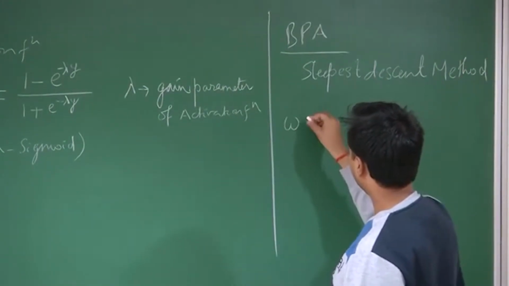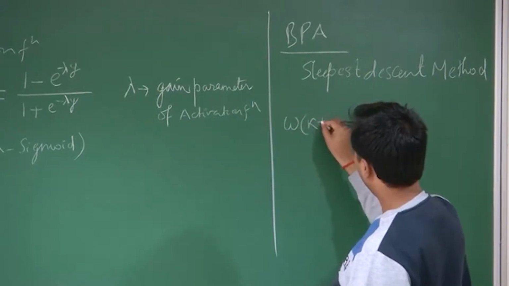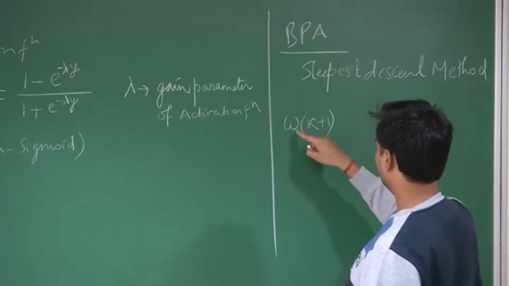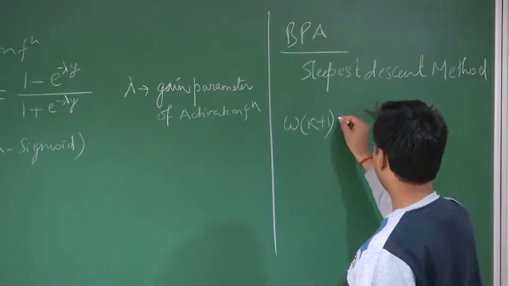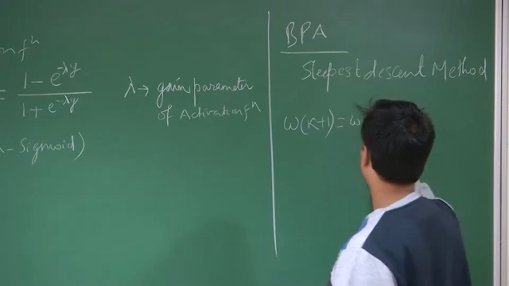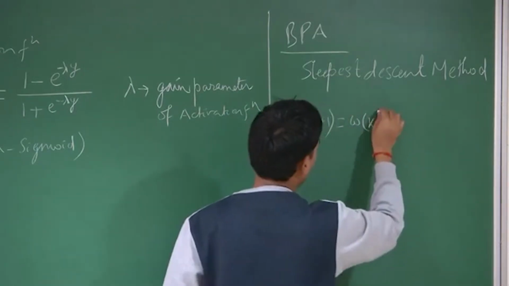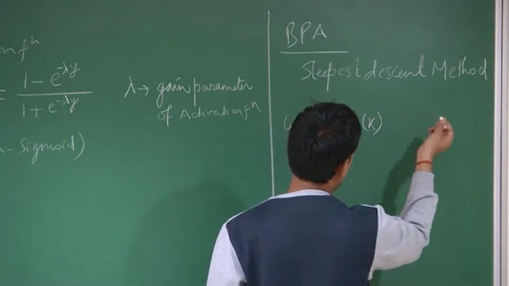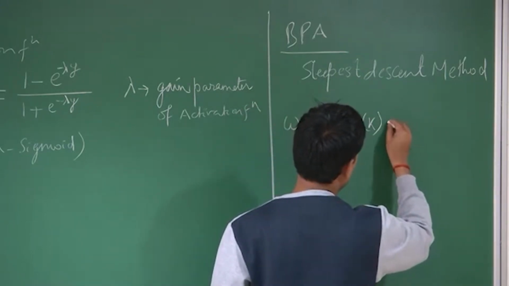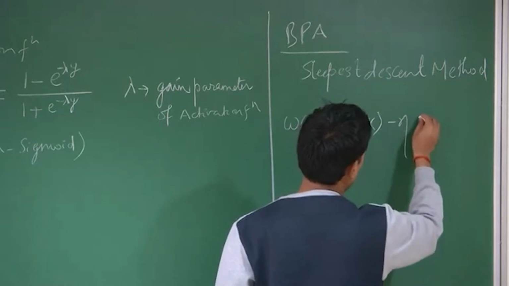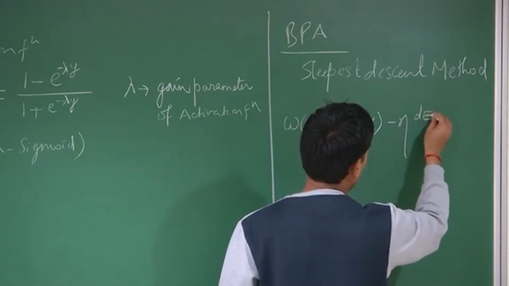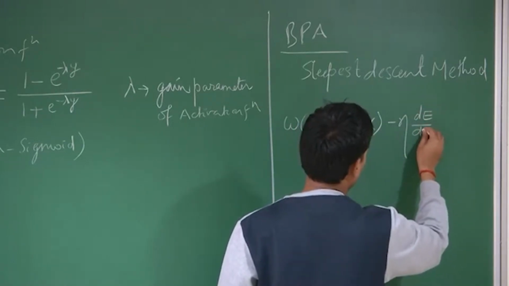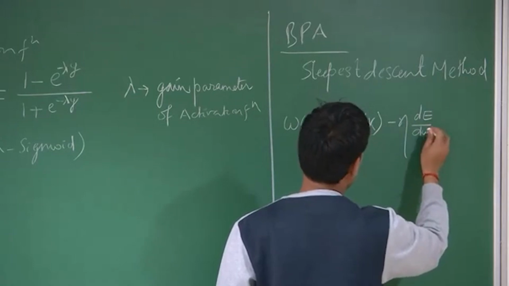Suppose you want to update weight like this: W of k plus 1 is equal to W of k, minus something, or it depends on how you are selecting your error function, so you can also write dE by dW, this weight.